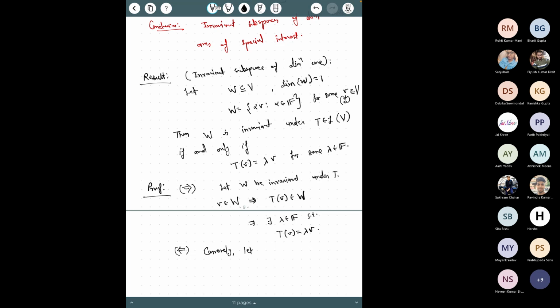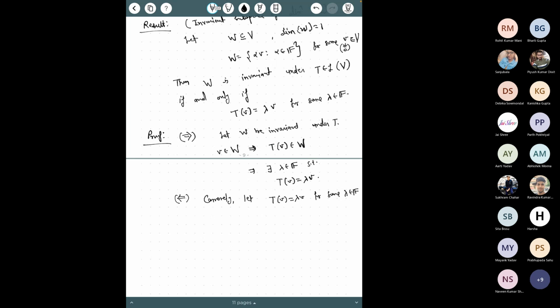Conversely, suppose that T of V is equal to lambda times V for some lambda in F. Now we have to prove that W is invariant under T. So if I take any w in the subspace W, then I should show that T of w is also in W. Now w belongs to W, that means w is of the form alpha times V for some alpha in F.